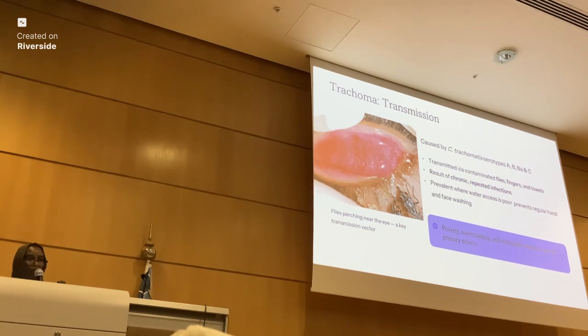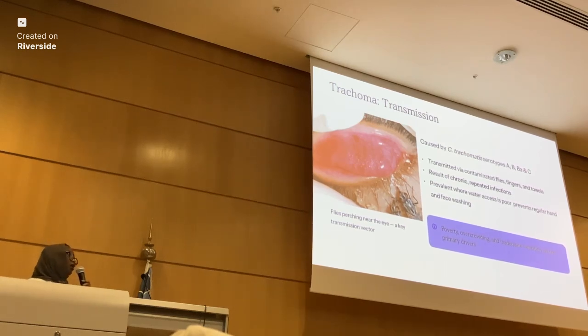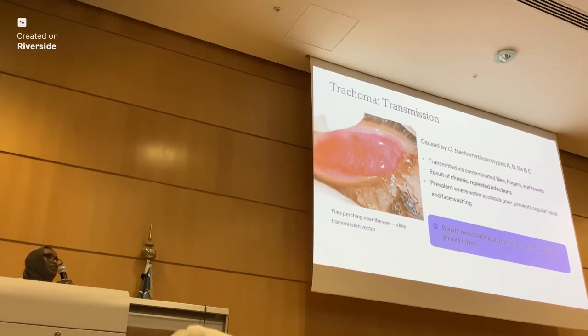It's prevalent where water access is poor, so people don't have clean water, which is an obstacle to washing their hands and faces often. So trachoma is more a disease of poverty and overcrowded, low-resource populations.